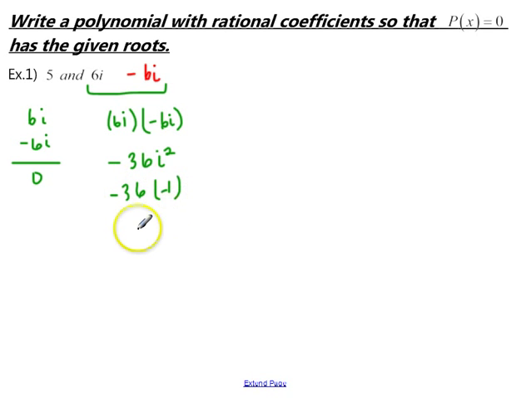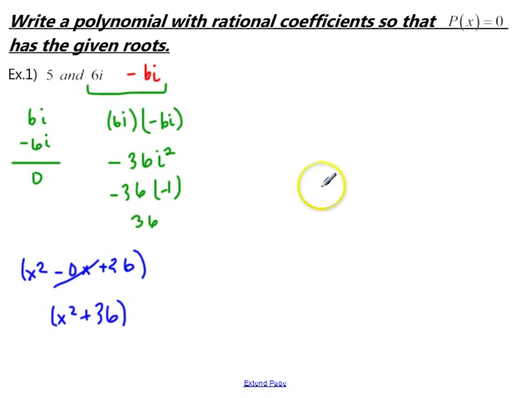So negative 36 times negative 1 gives us positive 36. So when we write our trinomial, it's going to be x squared and then minus 0x plus 36. Now we don't really write 0x, so we're just going to take that out, and we actually have x squared plus 36 as one of our factors.